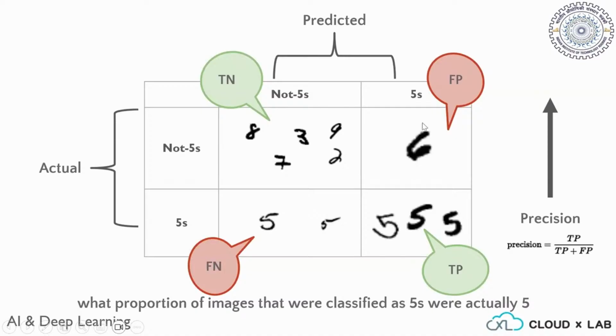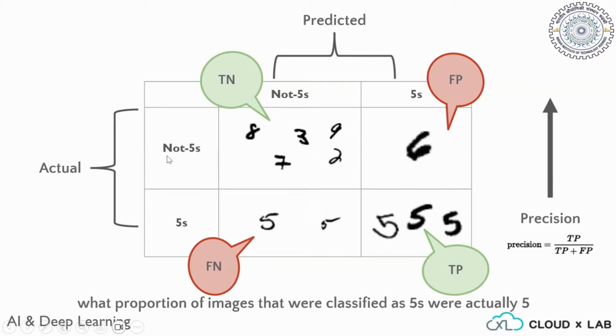So here row will give us the actual values, and the column will give us the model predicted values, right? So this second column is the total number of cases where model is predicting true, model is predicting 5. First column will give us the total number of cases where model is predicting negative, model is predicting false, model is predicting not 5, right?